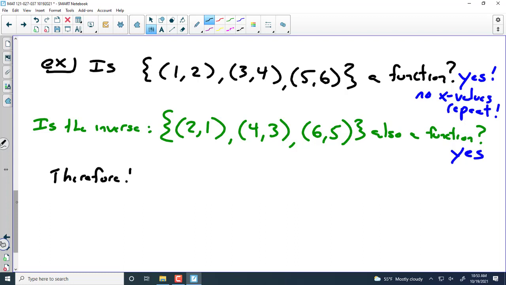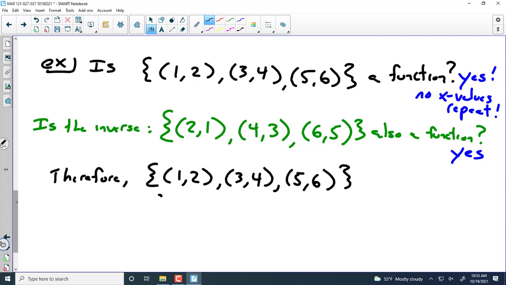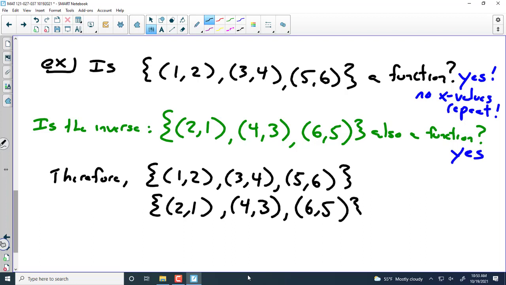Therefore, 1, 2, 3, 4, 5, 6, and 2, 1, 4, 3, and 6, 5 are both one-to-one functions. That's it. Since the original was a function and the inverse was a function, the original and the inverse are both one-to-one functions.